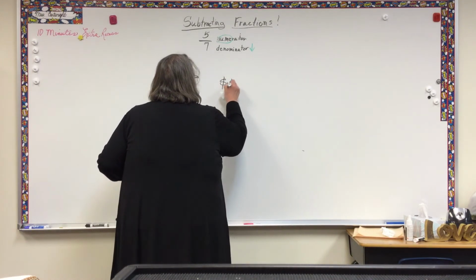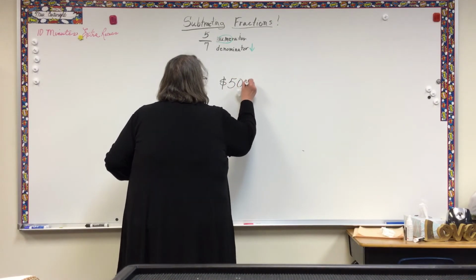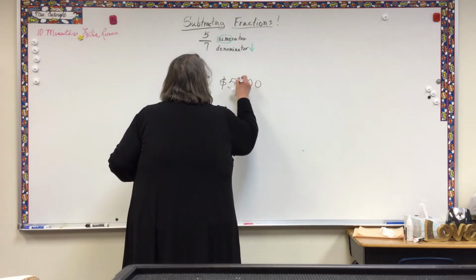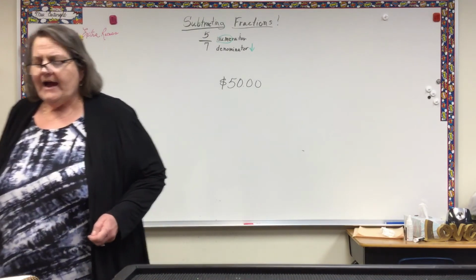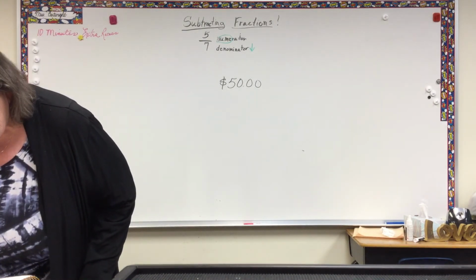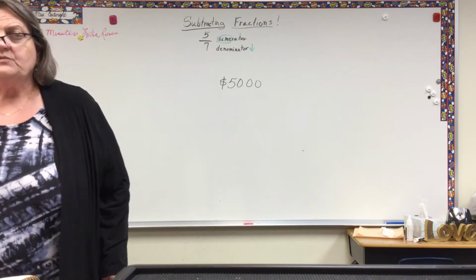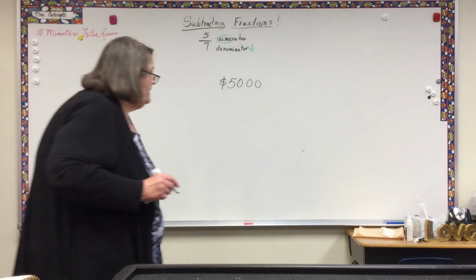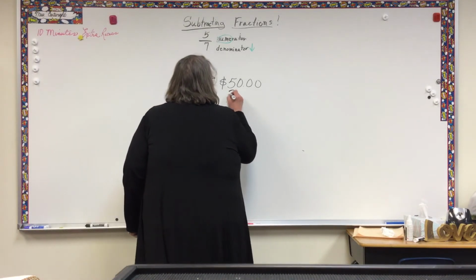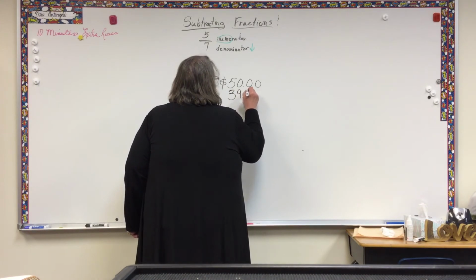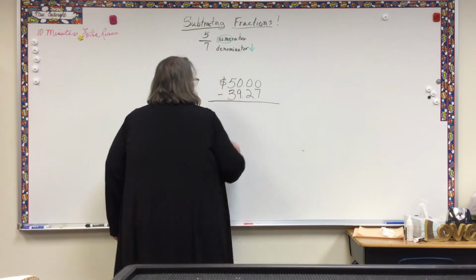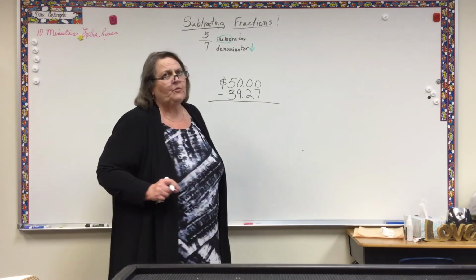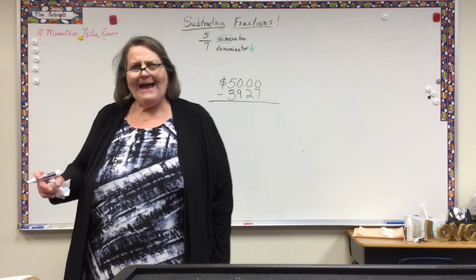Now I'm going to write $50 up here, so don't forget to do this in your workspace. She went and she bought $39.27 worth of toilet paper, okay? $39.27. There you go. And they want to know how much did she get back?